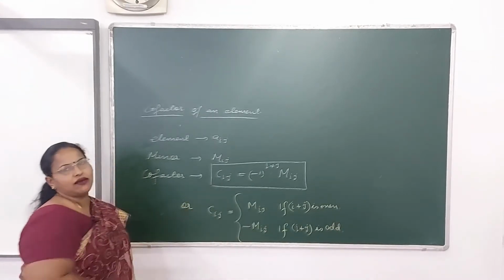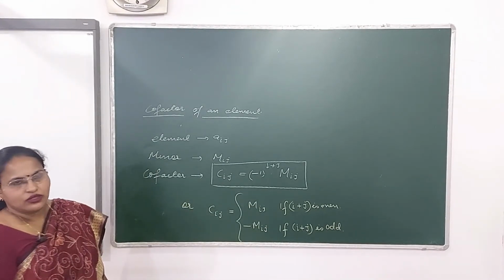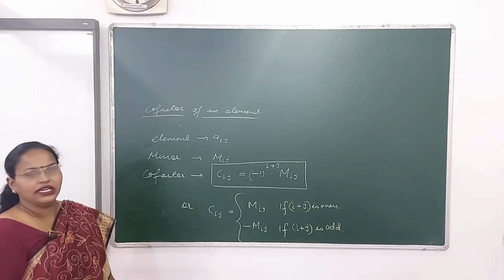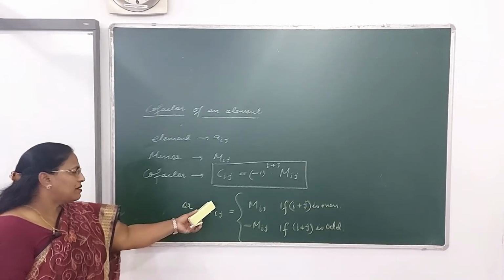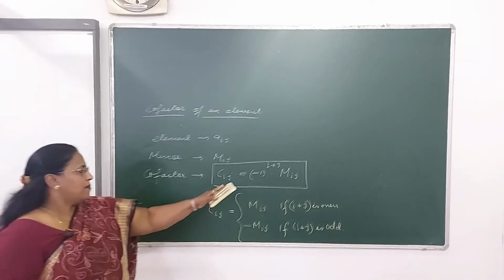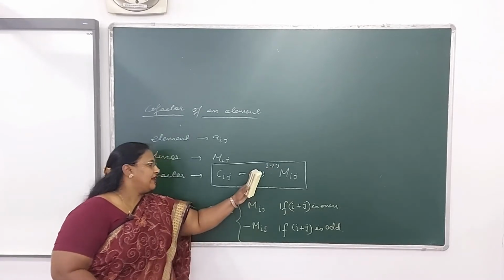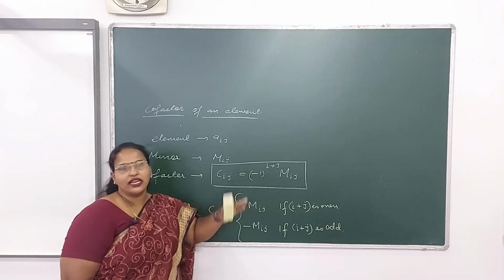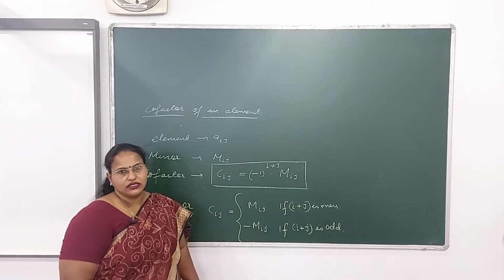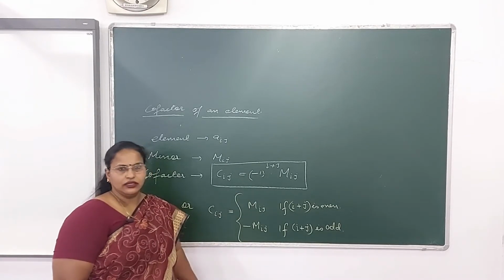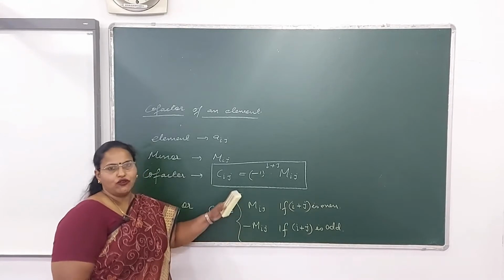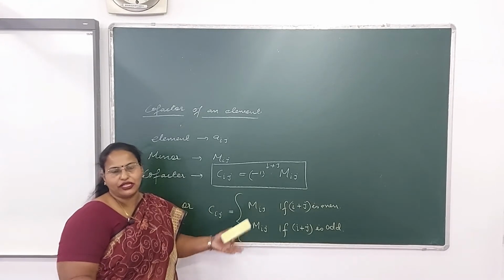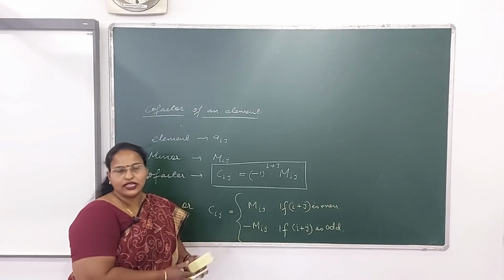It's one and the same thing. Both the ways you can define it. So it's very much clear. If i plus j is even, definitely it will be a plus sign. And if i plus j is odd, it will carry a minus sign. So I hope children, this is clear. You can opt for either of the methods. It is one and the same thing.